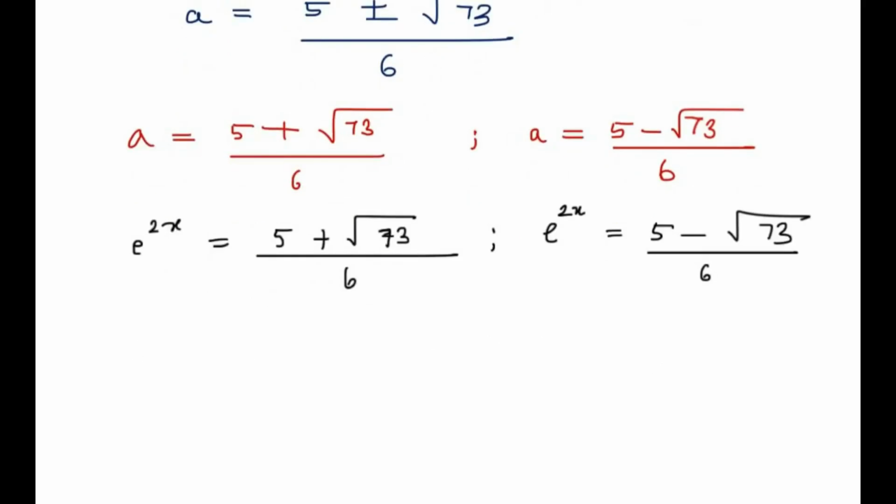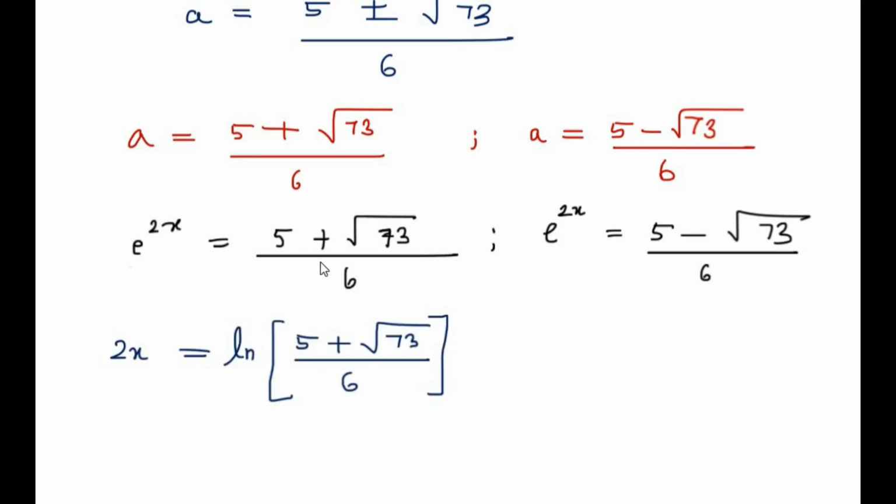Now we are going to take e on the other side of the equal to sign, and the inverse of e is the ln function, that is the natural logarithm. So we get 2x is equal to ln of 5 plus square root of 73 divided by 6. The same thing we repeat over here, taking the inverse of e, which becomes ln.